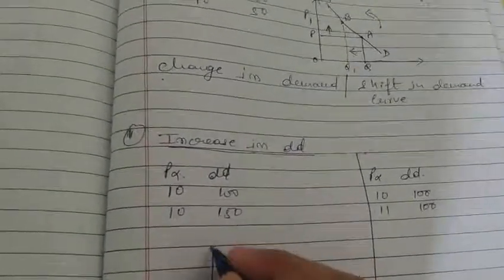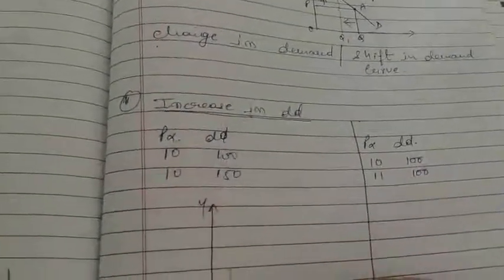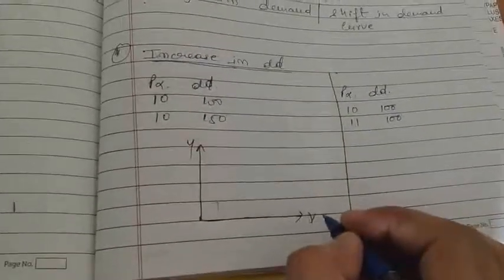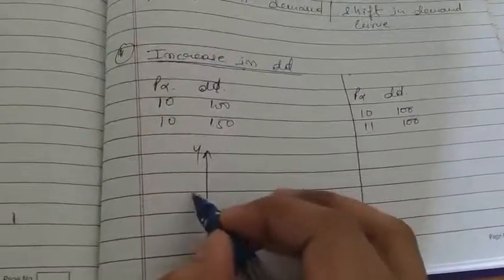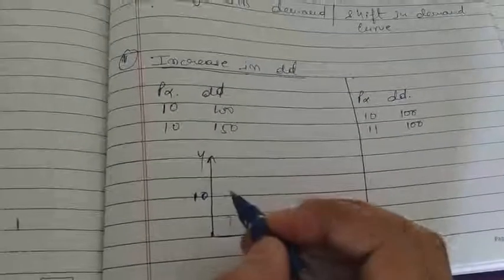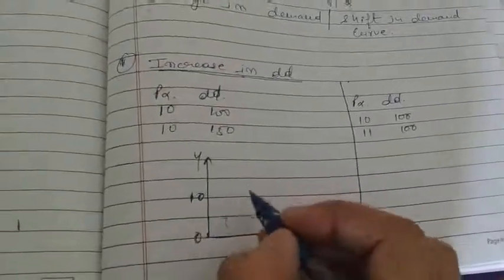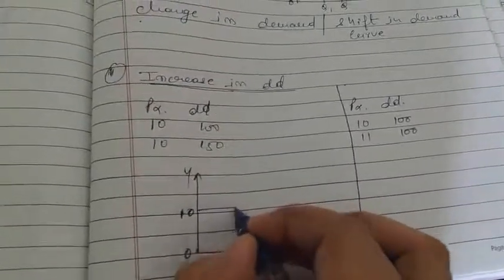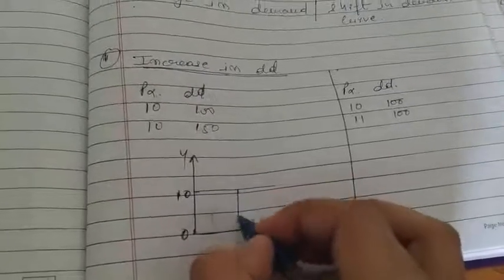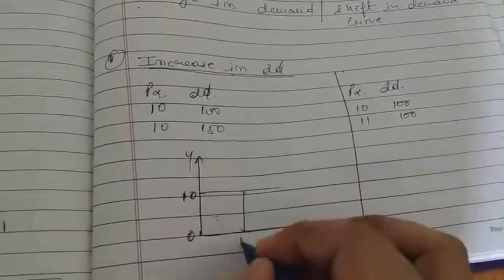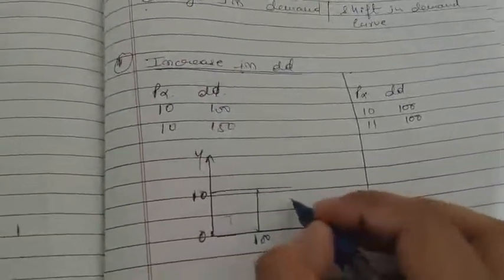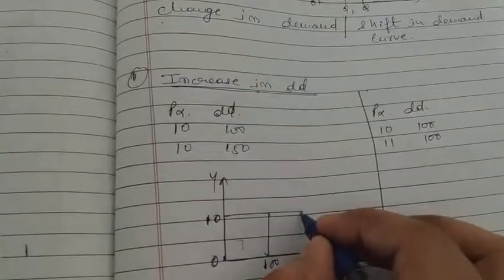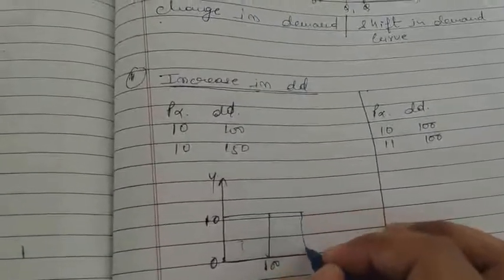of the demand curve. Here I am taking price on the y-axis, and on the x-axis I am taking quantity demanded. So suppose price is 10. At 10 rupees price, first the quantity demanded is 100, and at the same price demand increases to 150.